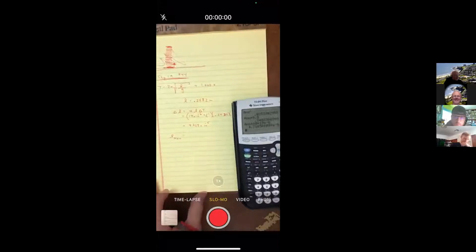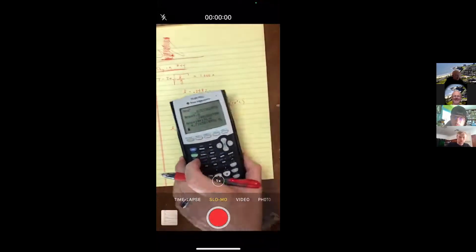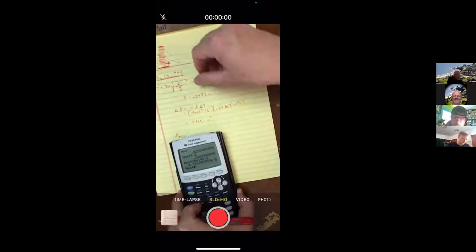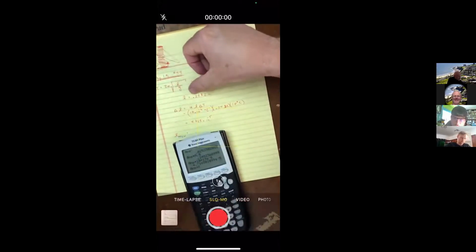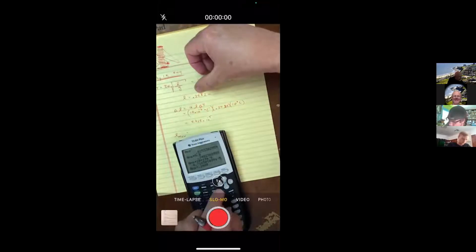So if I take that increased length and add to it 0.248, actually, you know what I'll do? I'll go and grab the original length.